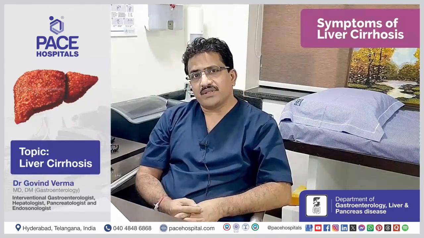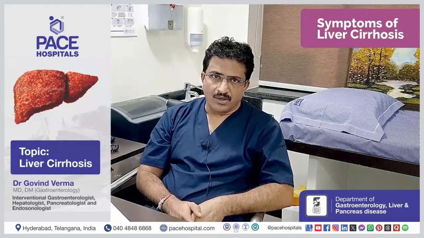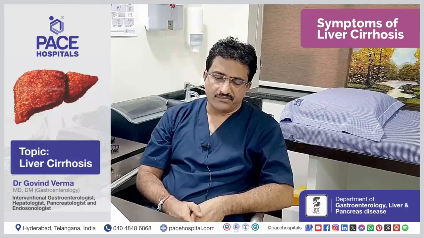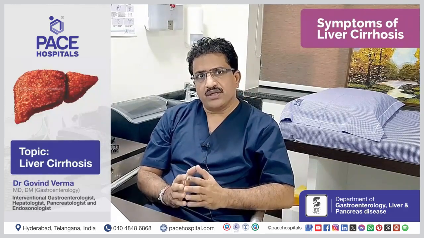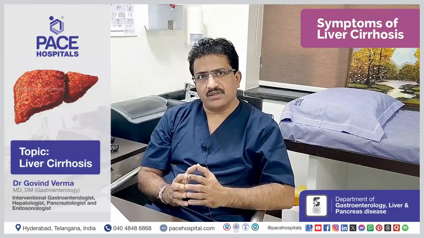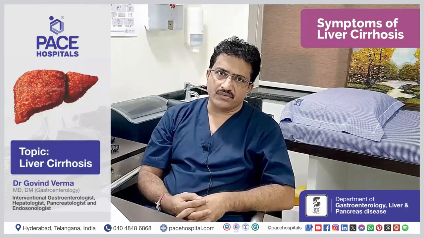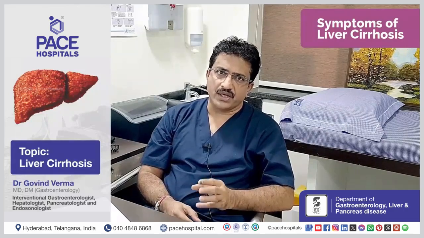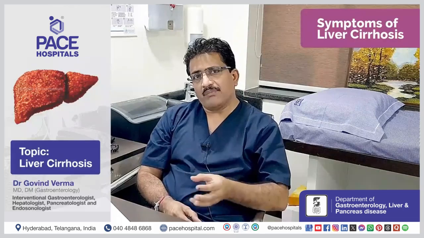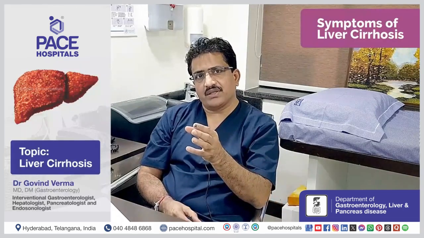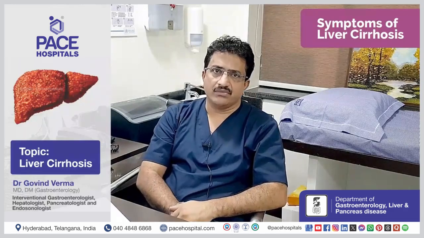Some patients can present with complications of cirrhosis of liver such as liver coma or hepatic encephalopathy. What happens in a patient who has cirrhosis of liver? Ammonia metabolism is normally controlled by the liver. But in cirrhosis, the ammonia produced in the gastrointestinal tract, instead of going through the liver, bypasses it because of portal hypertension and cirrhosis, and goes directly to the brain, leading to brain shutdown.